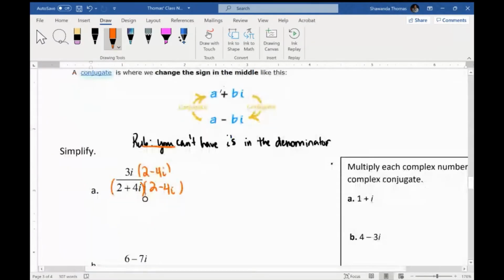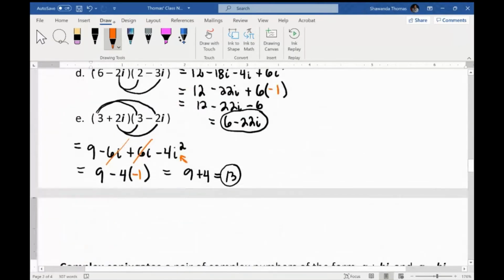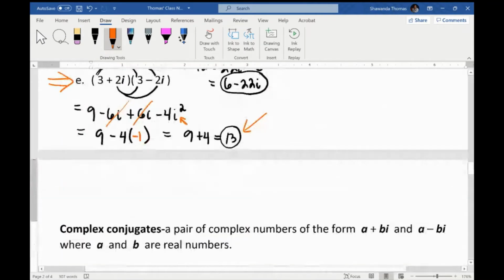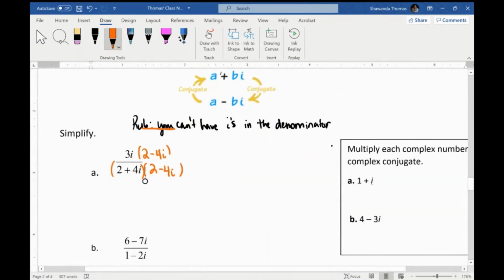From the previous example we learned that when we multiply conjugates times each other, we don't have an i. So we're going to use that to our advantage and get that i out of the denominator by multiplying the denominator by its conjugate. All right, here we go.